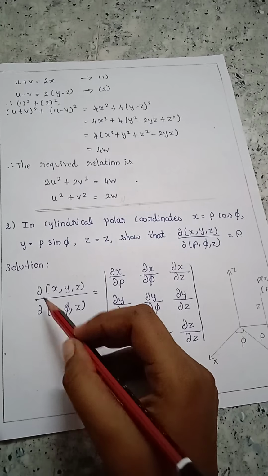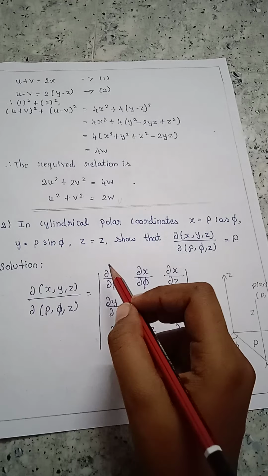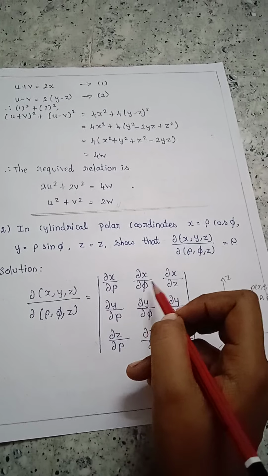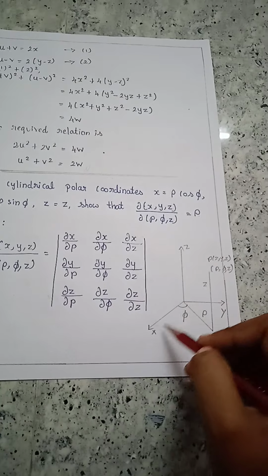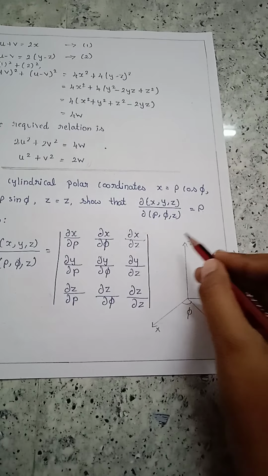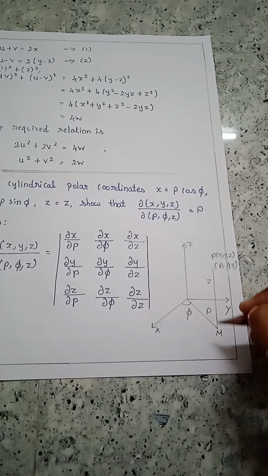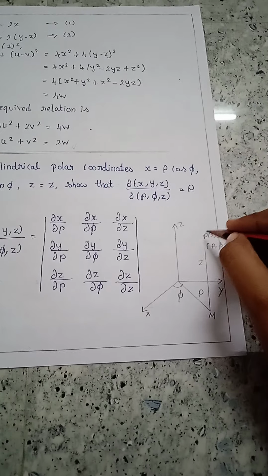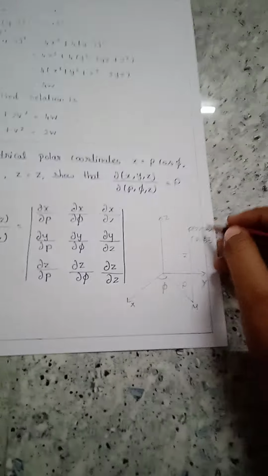We draw a graph: this is the x axis, y axis and z axis. Here we get theta, and this line is P. We mark the point P(x, y, z), and here ρ, θ, z.